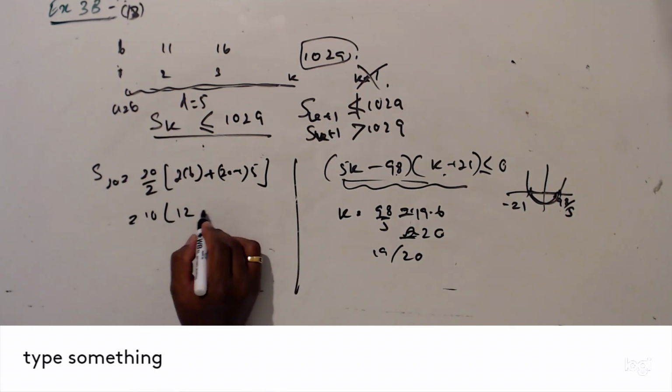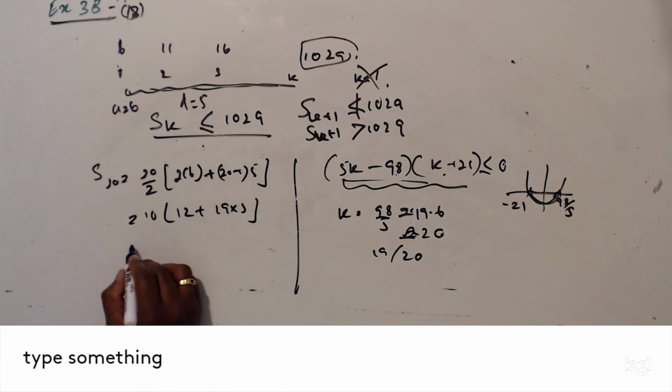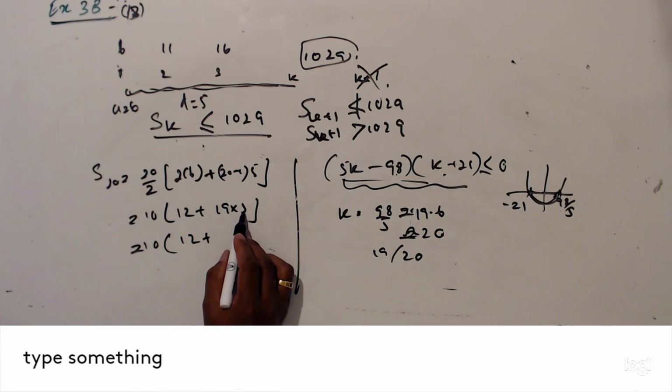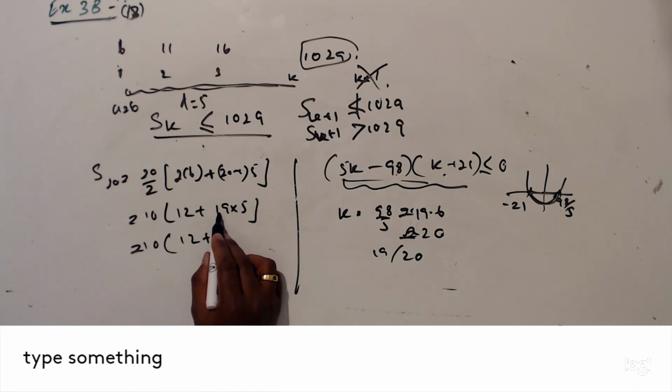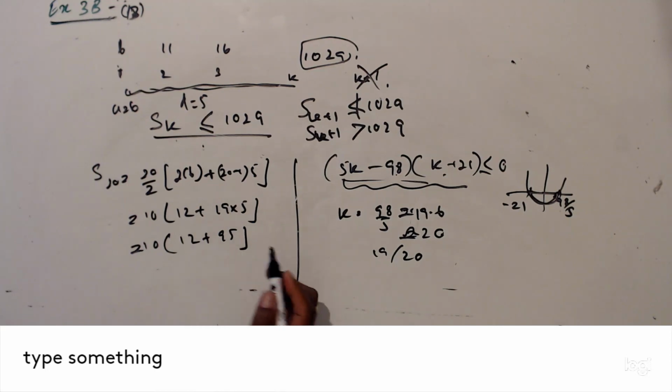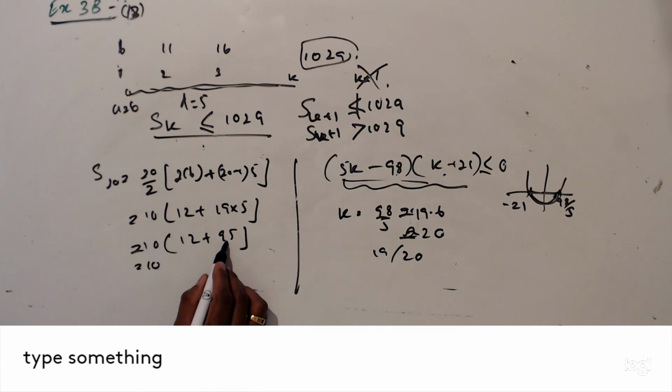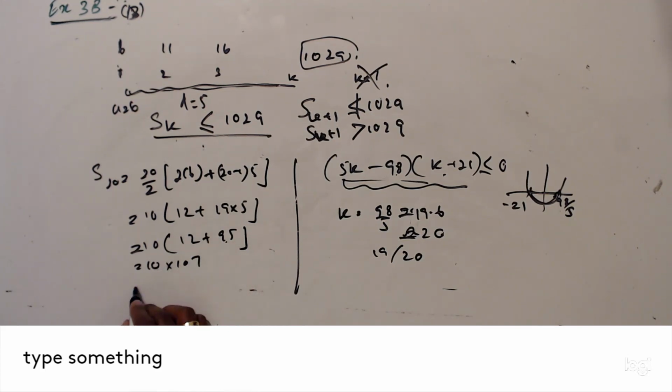So 10 times 12 plus 19 times 5, this is 12 plus 95, which is 107, and 10 times 107 is 1070. So this amount is less than 1029. That's fine. So we can take 20 because it is still less than this amount.